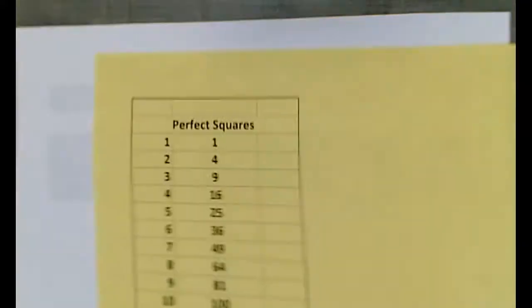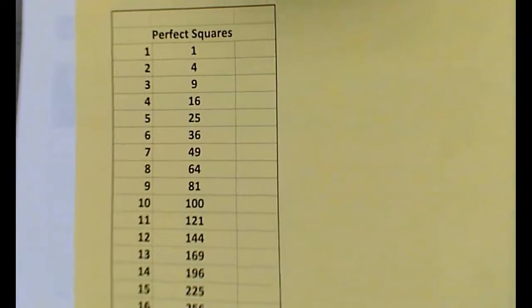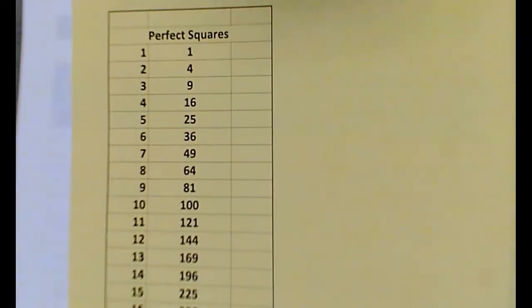Do you know what the word difference means in math? Subtraction. Difference means subtraction. Do you know what a perfect square number is? I have a chart for you. This chart is on the end of your notes for today in Cami.